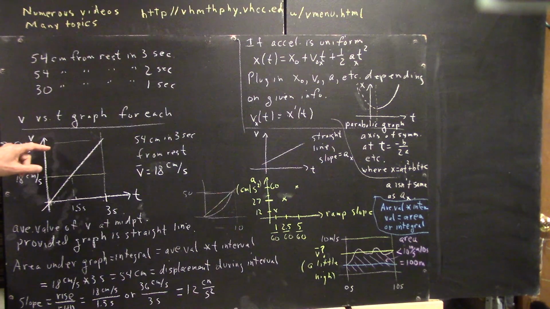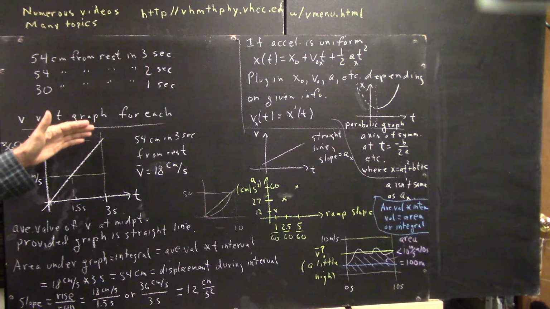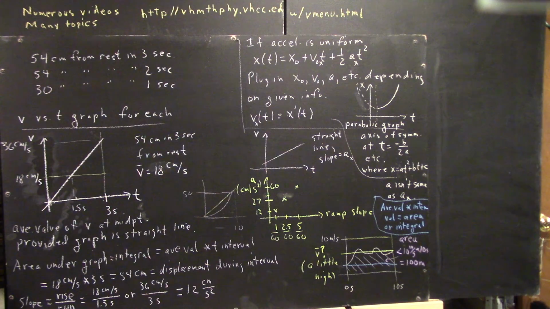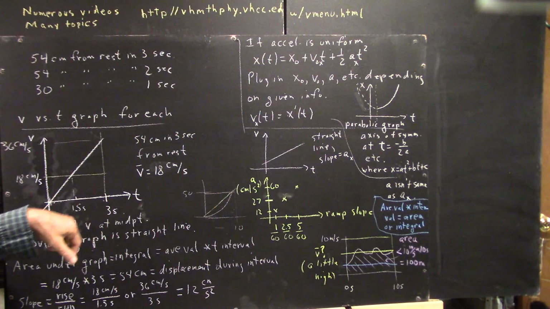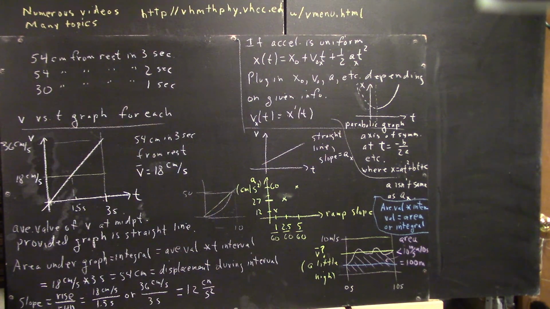If 18 centimeters per second was the final velocity, then it wouldn't be the average velocity, okay? I'm not sure I said that right, so let me say that again.